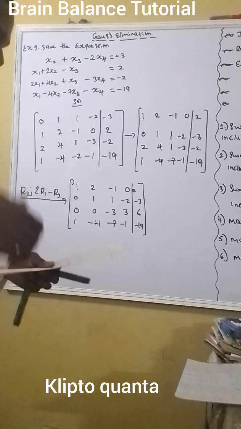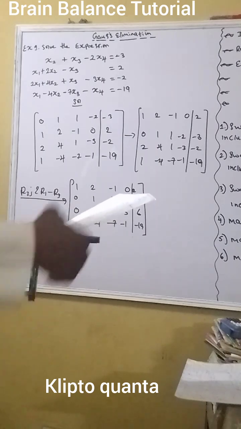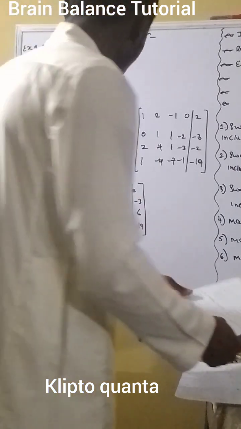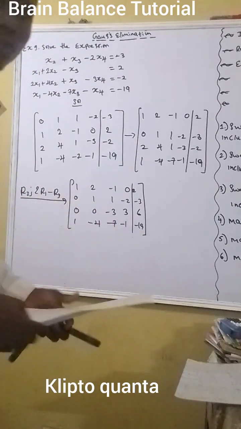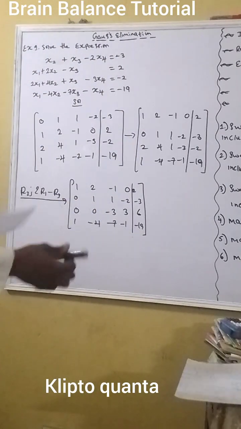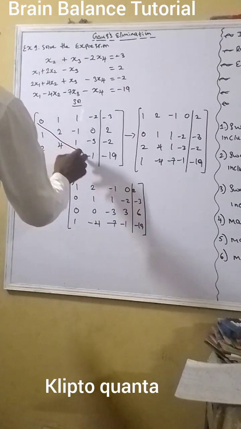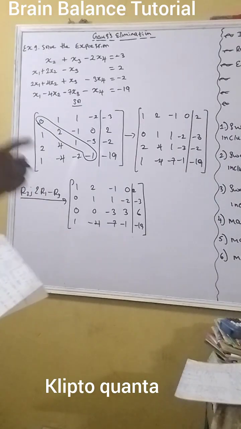So the next step tells us that you have to make sure that you swap equations and try as much as possible to make each left corner 1. What do I mean? I need to make the corners here 1, 1, 1, the left corners.